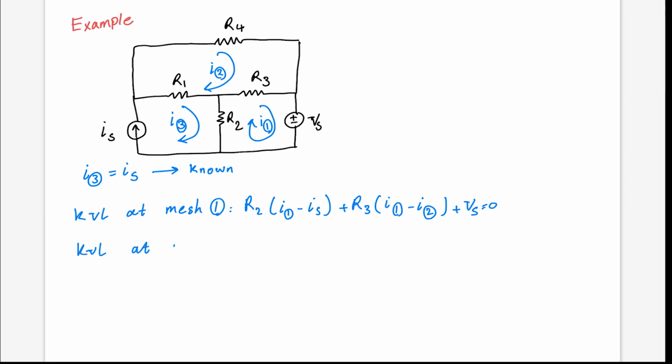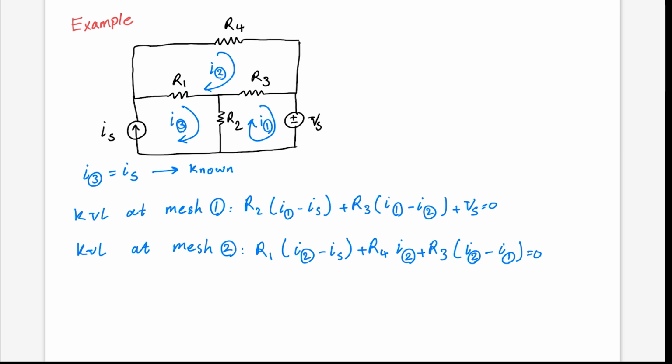And KVL at mesh number 2 will be R1 times I2 minus IS, plus R4 I2, plus R3 times I2 minus I1, equal to 0, like the previous example.